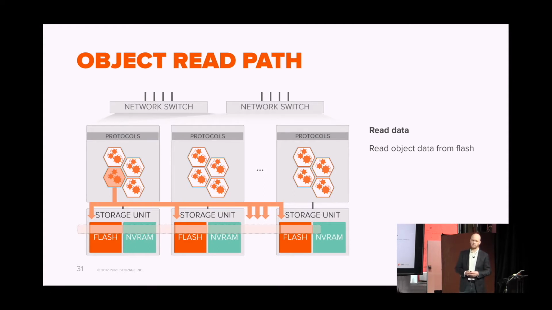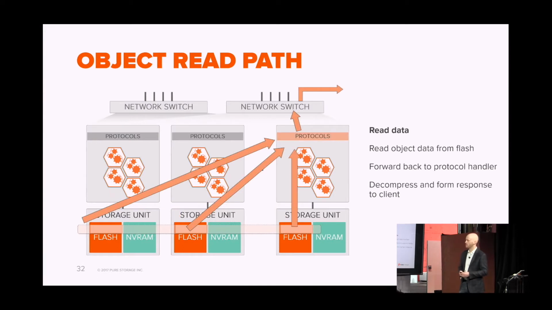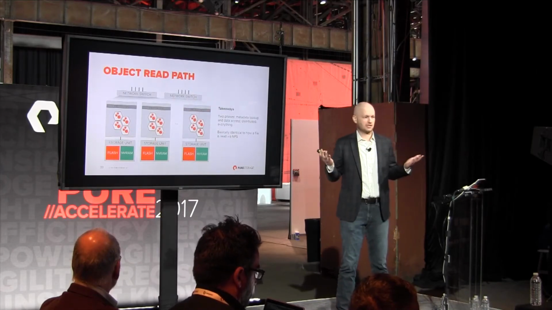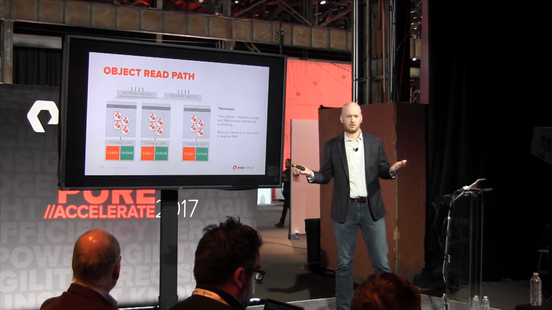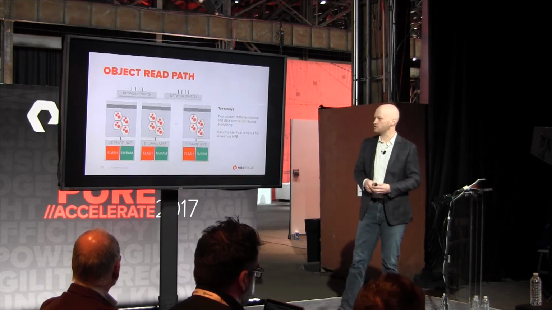So we're going to read that object data from flash and then forward it directly back to this protocol endpoint we talked about that's holding that connection back to the client. And there we're going to decompress and form the actual client response. And so that's it. That's the life of a get operation in our object store implementation.